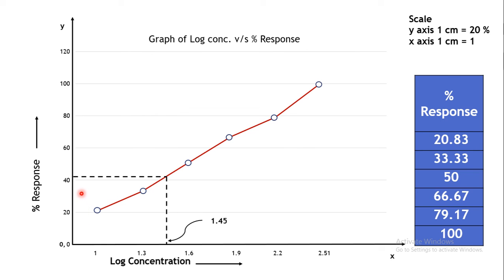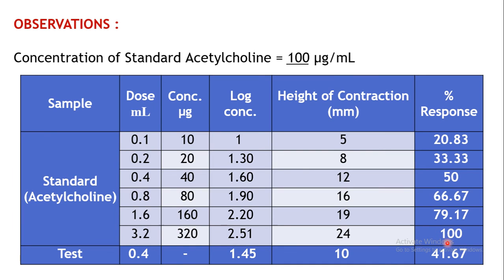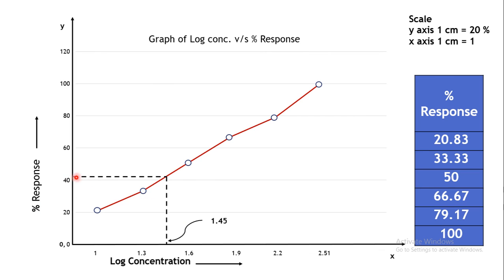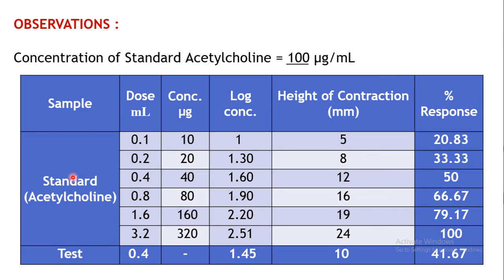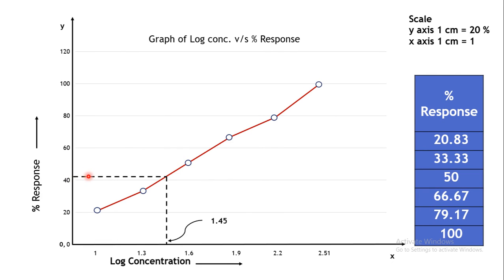Next is to interpolate the percent response of your test substance. That is 41.67, so it is 42. You can find out where 42 is on your curve, interpolate it, and note down the value of log concentration of your test.